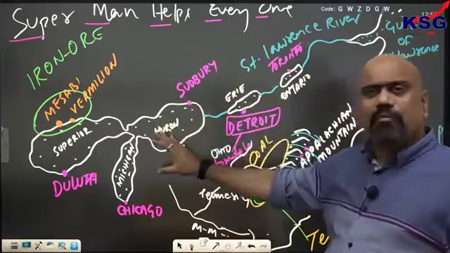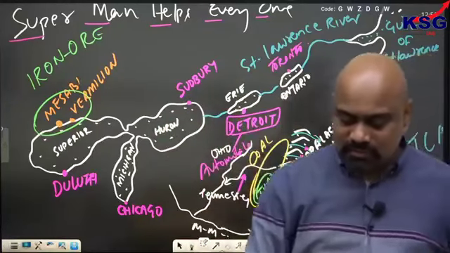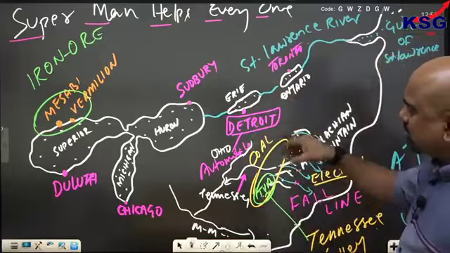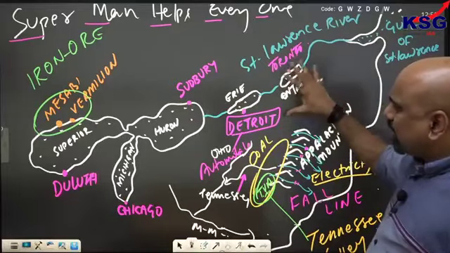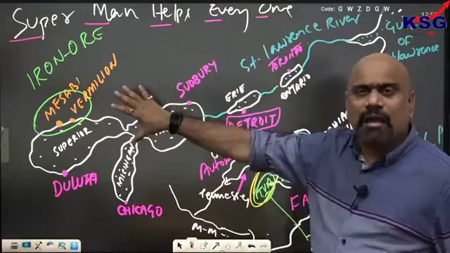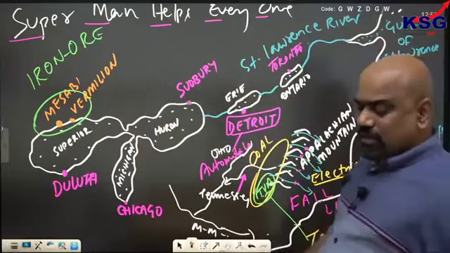With the help of the transport and communication links, people in these regions exploit the raw material of this particular part by establishing a lot of iron and steel and other metallurgical industries, and this is developed.